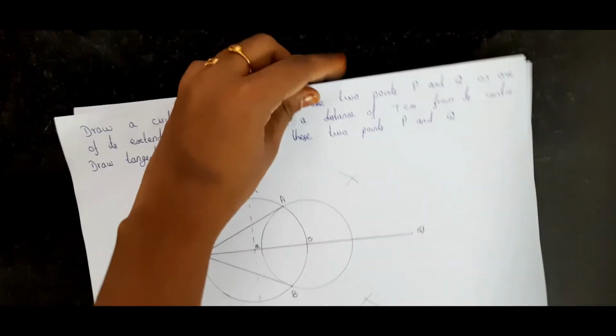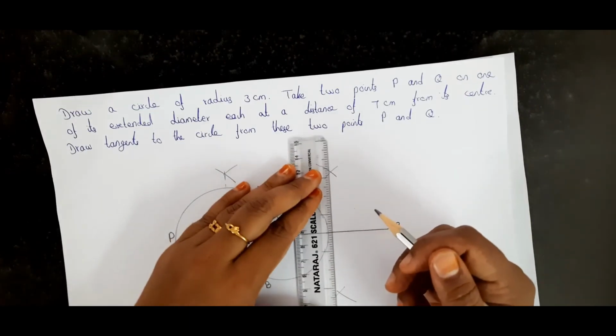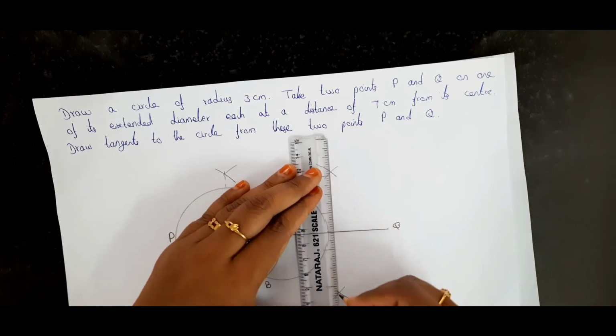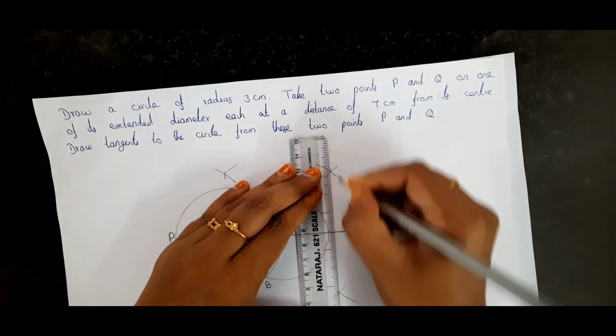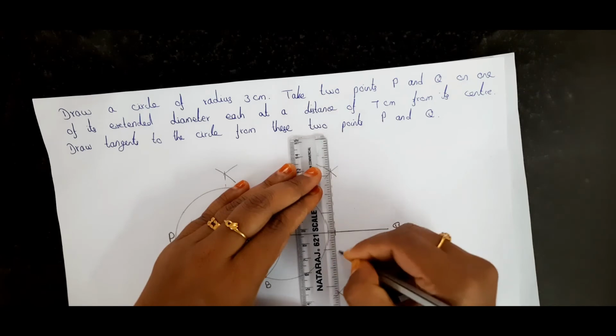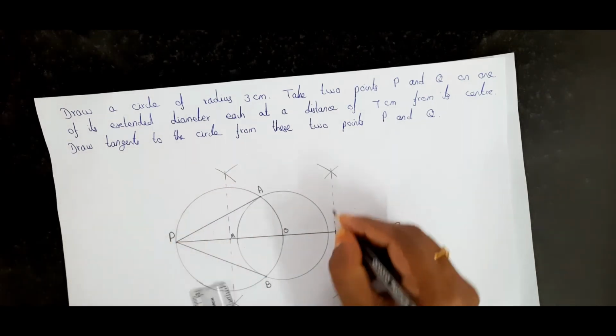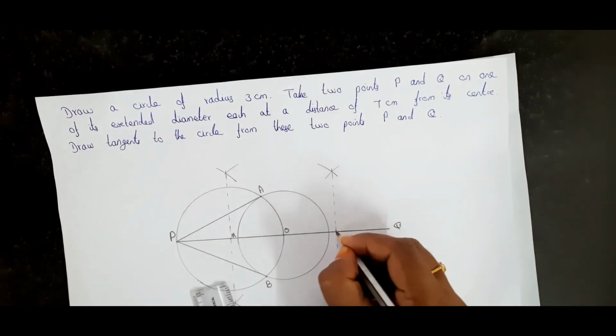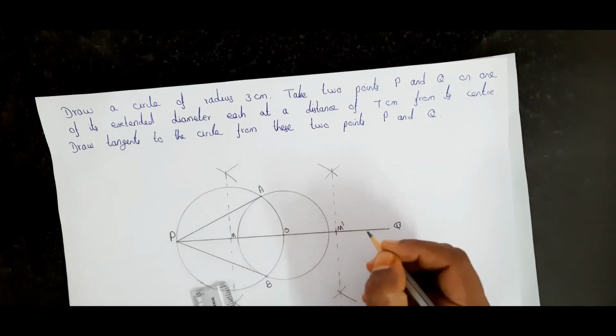Then using the scale we have to draw the perpendicular bisector. Where the perpendicular bisector intersects OQ, that point I am taking as M dash.